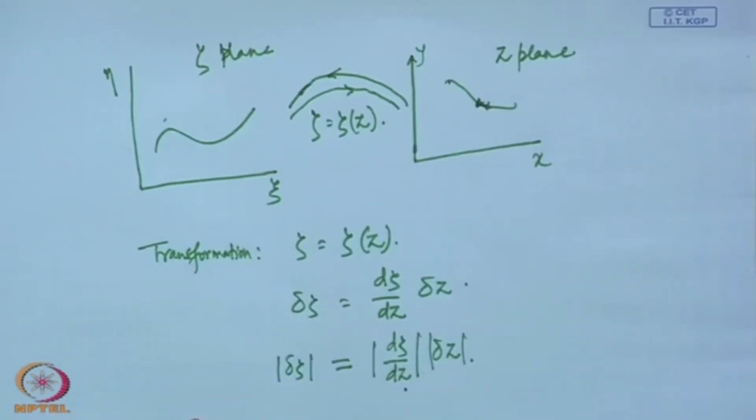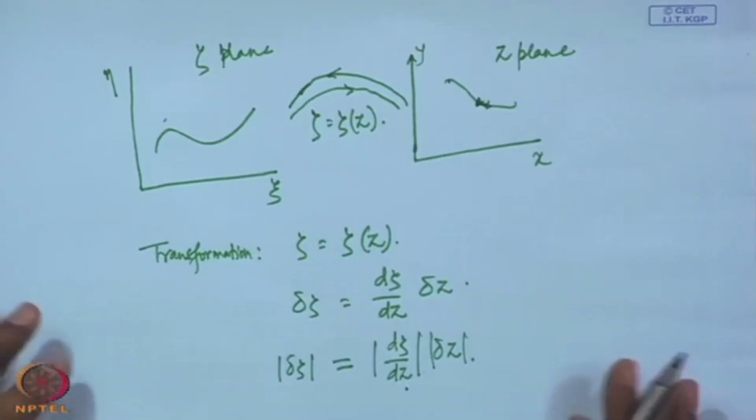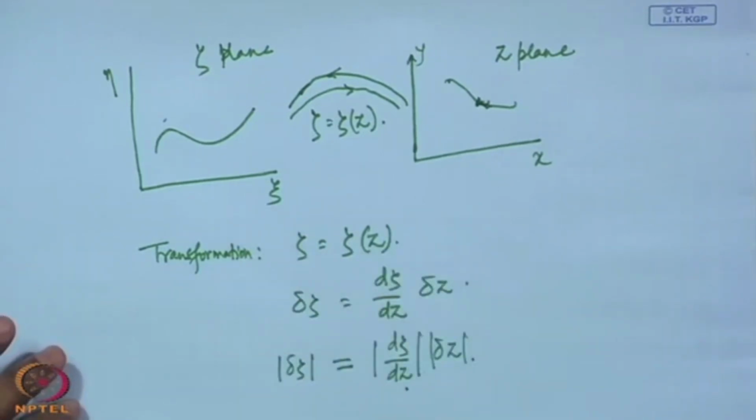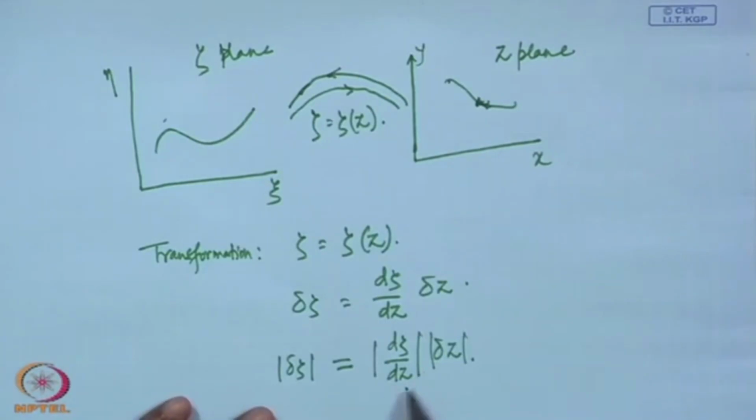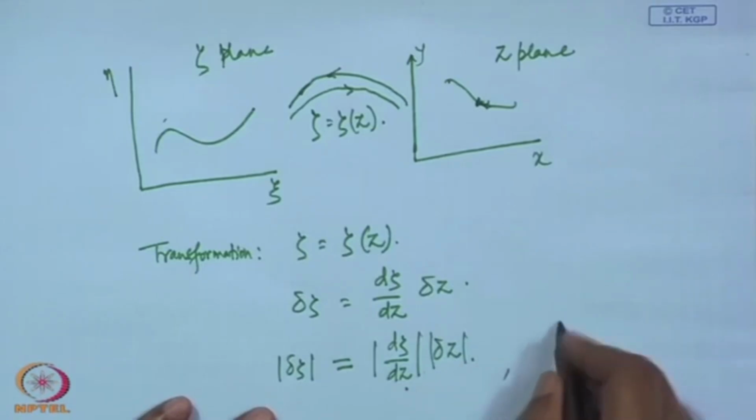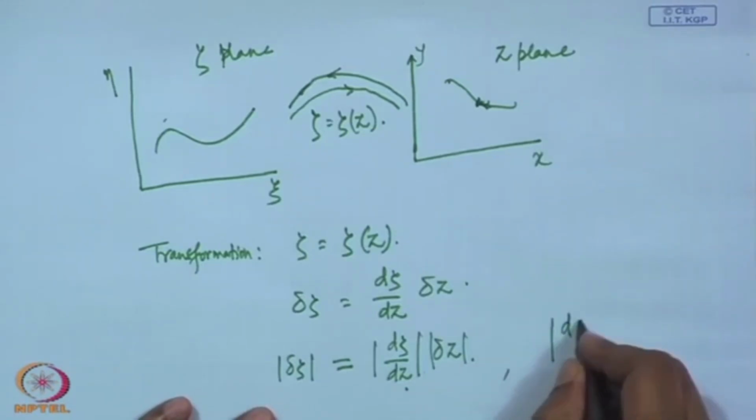A length element because of this transformation is magnified by a factor d zeta dz, which of course has a finite definite value because the function is analytic. The derivative exists, it is nothing infinite or undefined quantity. So, this is called the magnification factor of the transformation.